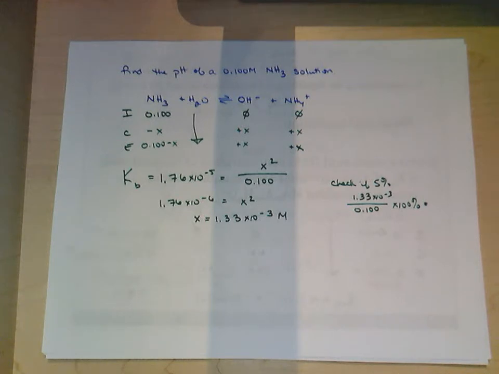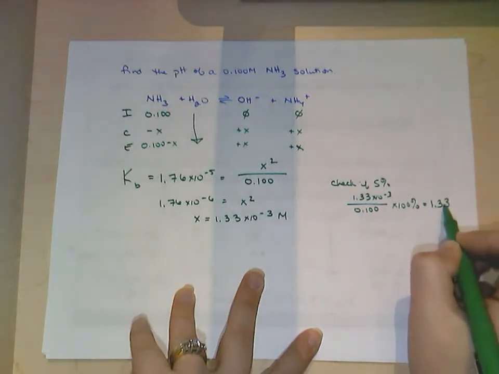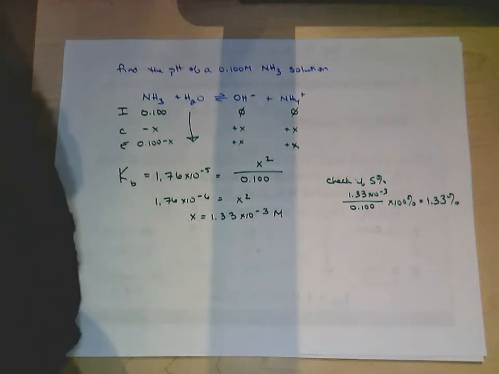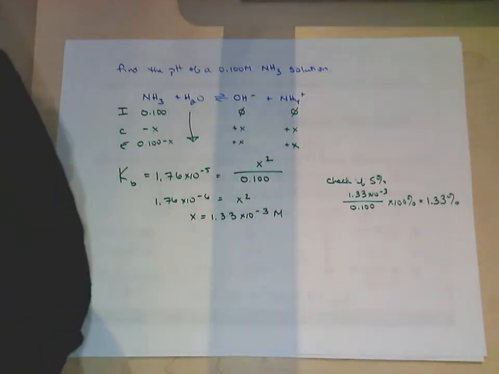Any guesses on my assumption? If I was guessing, I would guess it's a good assumption because I'm in the section where I'm making good assumptions. So, can I move forward with the X being small? Yes, because it is less than 5%.